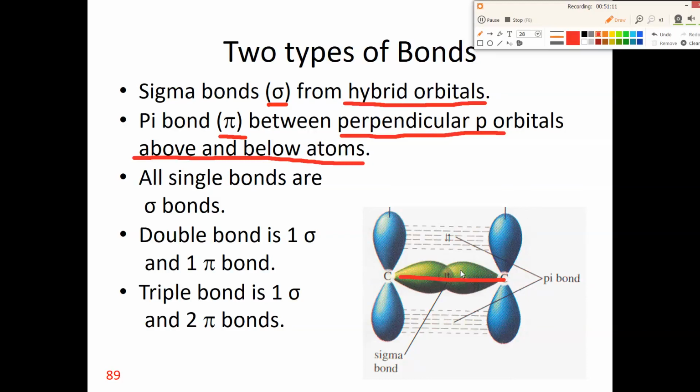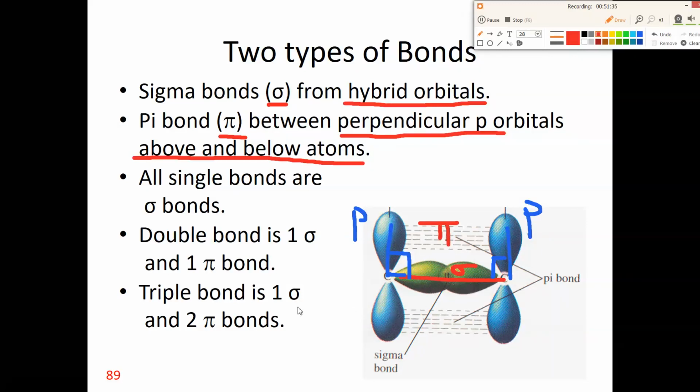This is a sigma bond, and this is the pi bond, a p orbital perpendicular to the sigma bond plane. In the triple bond case, we have one sigma bond and two pi bonds. I believe on the next slide we talk about the orientation of the two pi bonds.